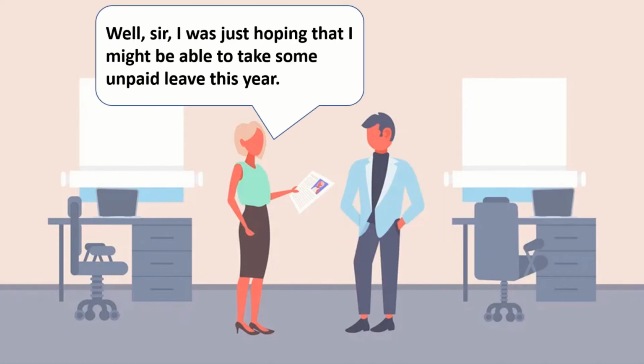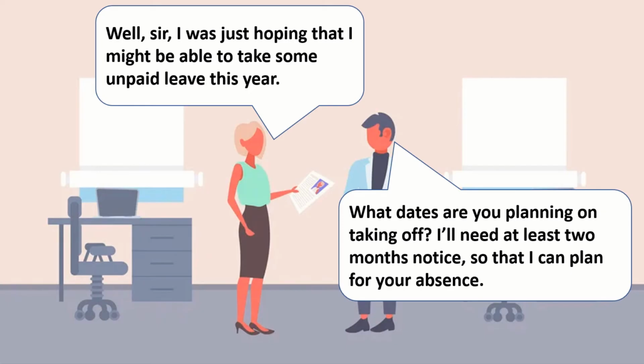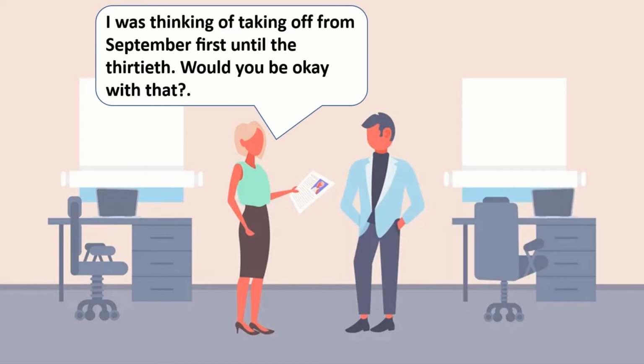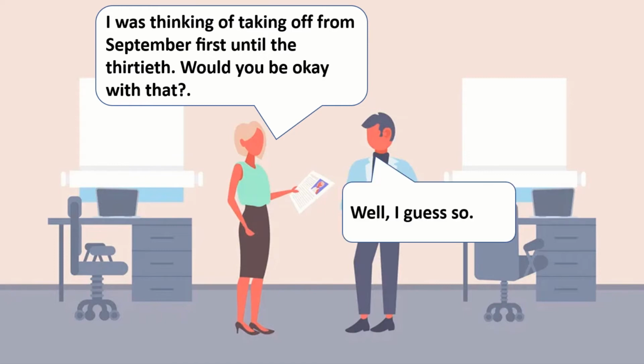Well, sir, I was just hoping that I might be able to take some unpaid leave this year. What dates are you planning on taking off? I'll need at least 2 months' notice so that I can plan for your absence. I was thinking of taking off from September 1st until the 30th. Would you be okay with that? I guess so.